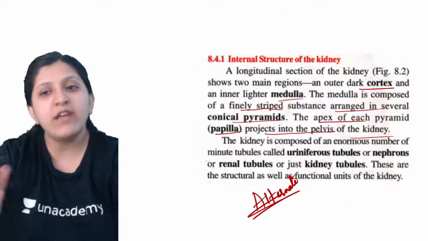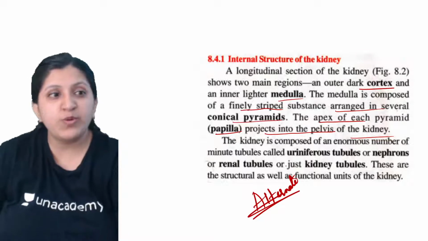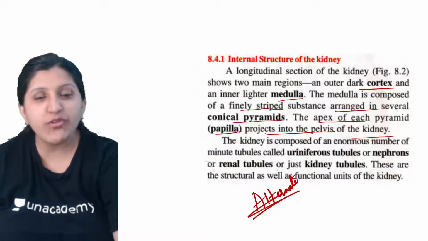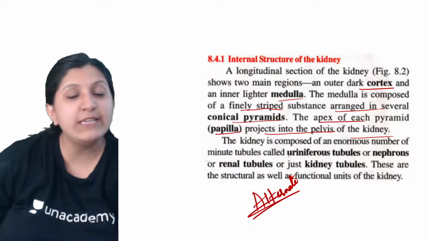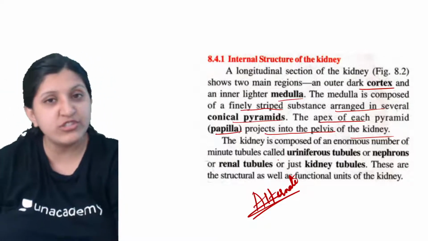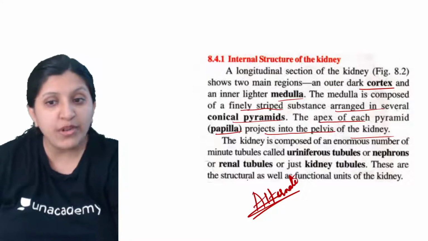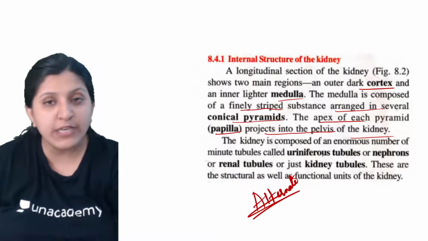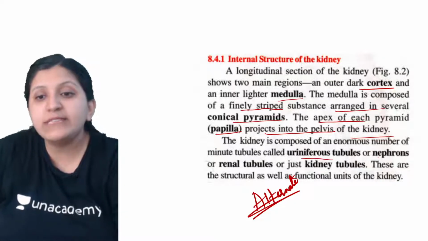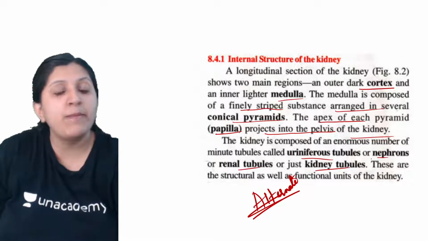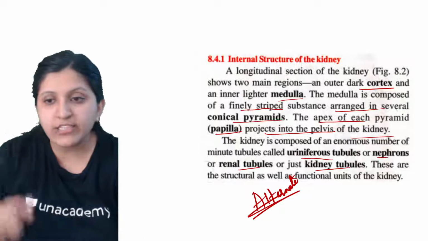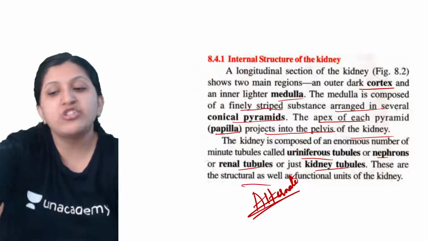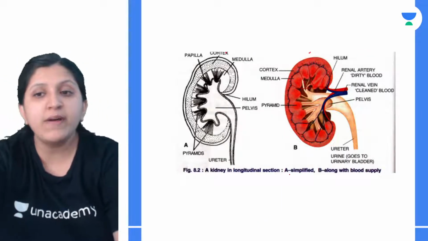They can ask you uriniferous tubule: write the structure of a uriniferous tubule, or show how these uriniferous tubules are arranged in the kidney, or nephrons, or renal tubule, just kidney tubules. Any of these names they can ask, so do remember every alternate name given for one particular term. These are the structural and functional units of a kidney.